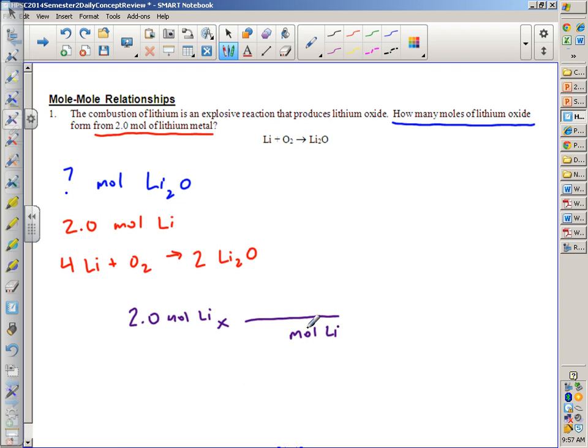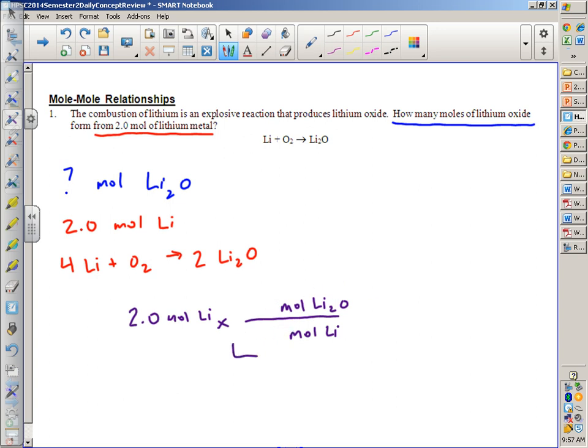And then, what unit should we have on the top of this conversion factor? Moles of lithium oxide, because that's what this problem is asking us for. Notice, this conversion factor has moles of one part of the equation and moles of the other part of the equation.